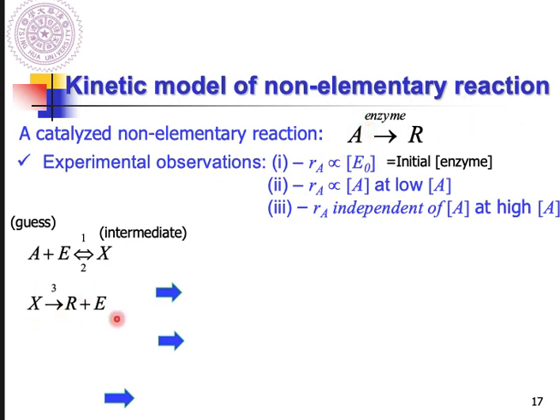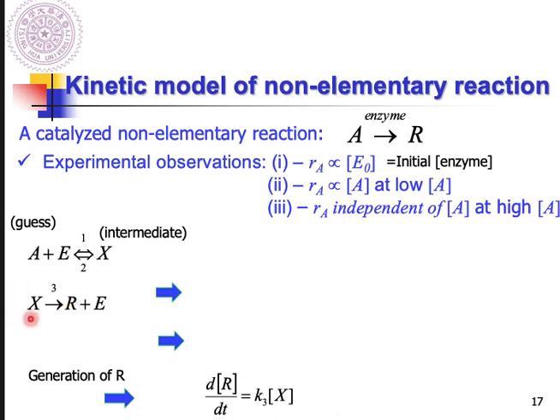But next, with the same idea, I need to convince you that the consumption rate of A or generation rate of R will fit your observations in your experiments. So let's try to do this. The generation rate of R can be expressed as dR/dt equals K3X.